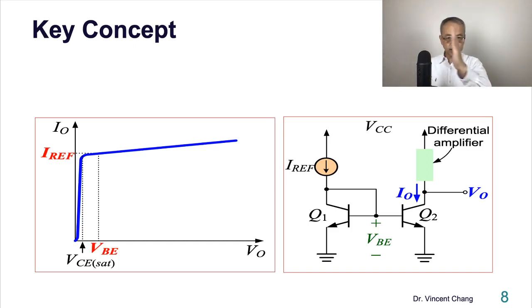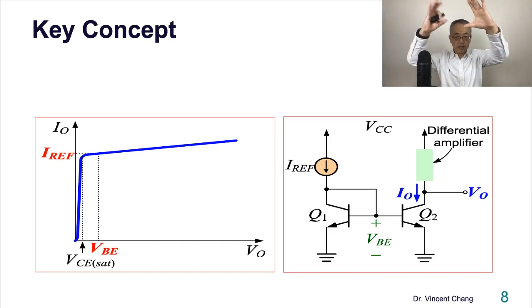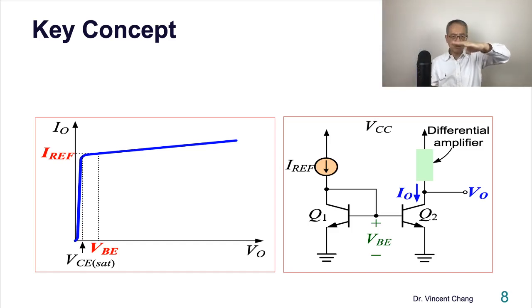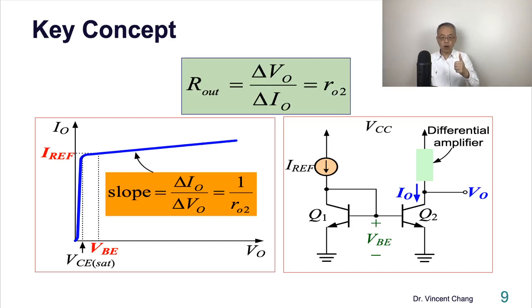But if you send the same delta VO, the same output voltage variation, and the variation of delta IO is tiny, that means you have a very large output resistance. That's good. You got it? So that's why we need to measure the slope of the output transfer characteristic. Lower slope means higher output resistance, the better. That's the key concept.